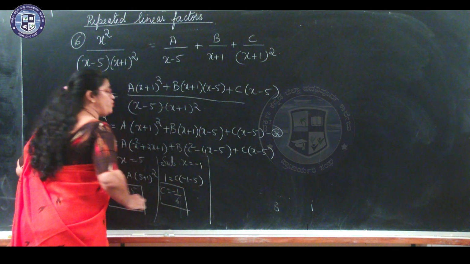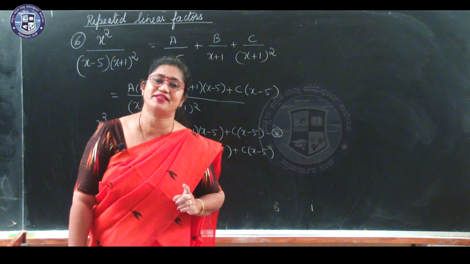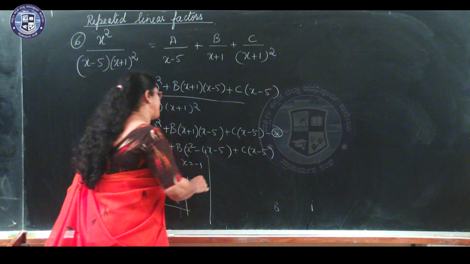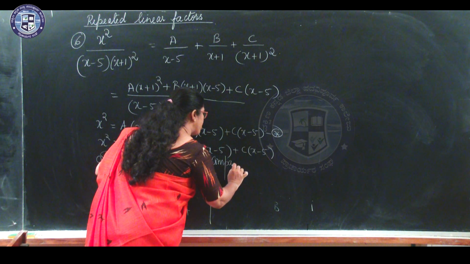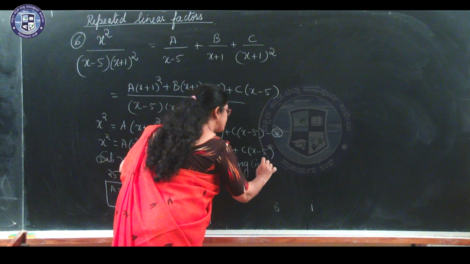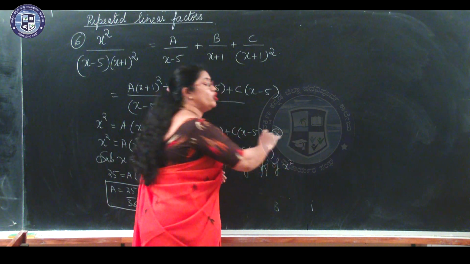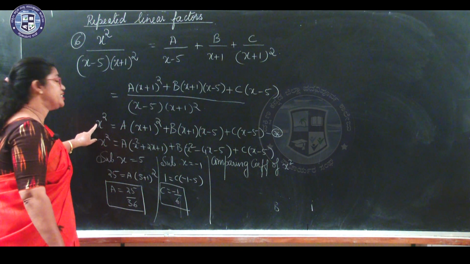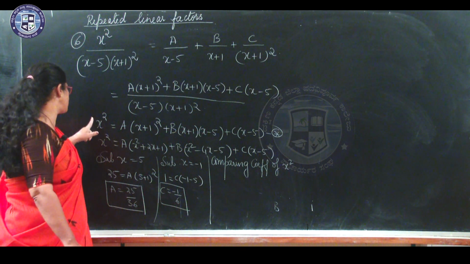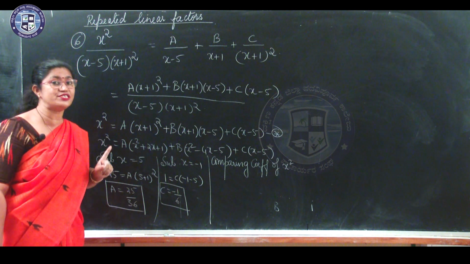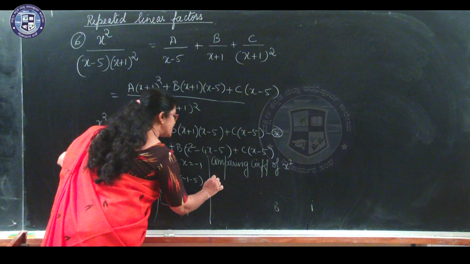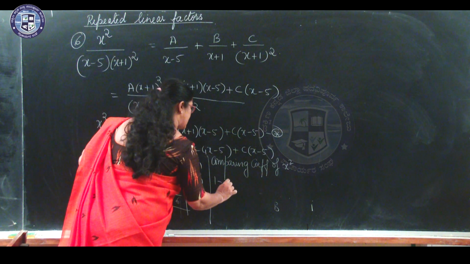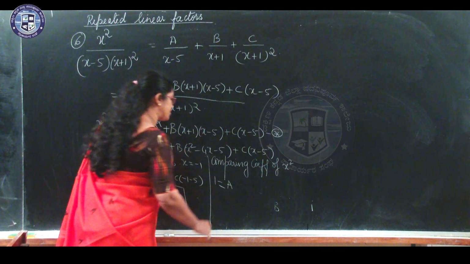We got the value of a, we got the value of c, the last one the value of b. Now, to get the value of b, we know comparing coefficients of x square. Look at the left hand side, there is a term with x square. There is no number, but that means the coefficient is 1. So, left hand side is 1, right hand side you have an x square whose coefficient is a, you have another x square whose coefficient is b.